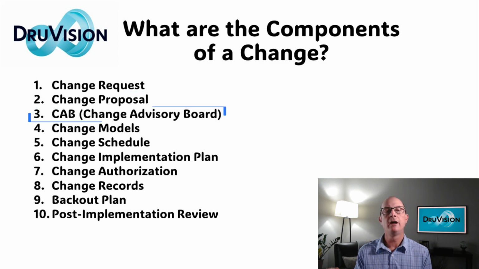Change advisory board. Their job is a group of people in IT and IT leadership whose job it is to protect the business, right? What's going on that this change might disrupt? What is going on in the business that might be impacted by this? Do we feel like we can be successful doing this type of change?